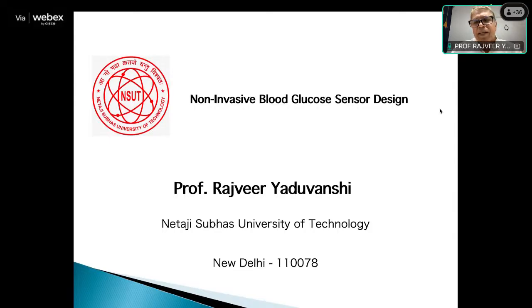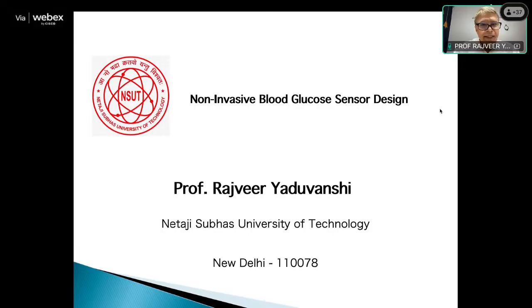Now, as far as the sugar level measurement is concerned, at present either they use chemical methods or they take blood and then estimate how much is the glucose level. So these techniques are known as in vitro techniques.